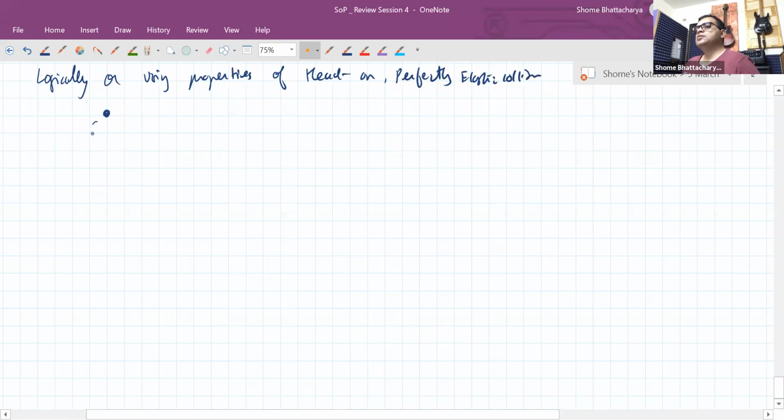Before impact, the velocity is being like this. We can see that the approach velocity is equal to 2 meters per second.